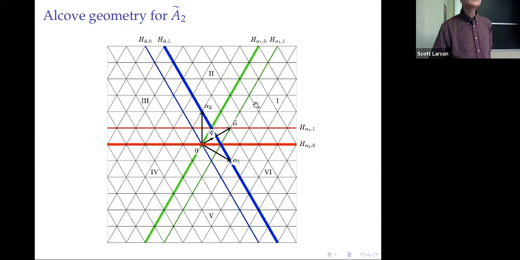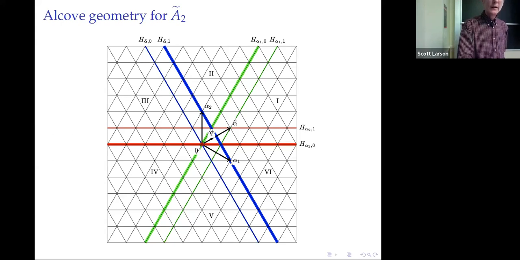Now, these look like they might be like Weil chambers, but in fact it's not quite as symmetrical as it appears, because the odd chambers are actually different than the even chambers. You can see this right now because in the even chambers, there's an alcove which touches the fundamental alcove. In the odd chambers, there's no alcove that touches the fundamental alcove. So even geometrically, they look different and they behave differently as well. But nevertheless, there are 6 chambers, and that's going to be useful to us later.